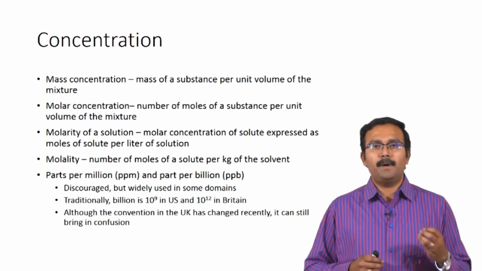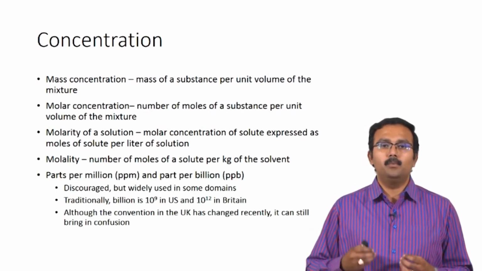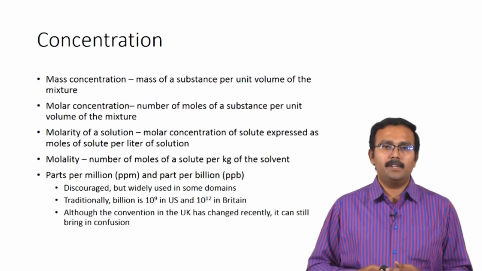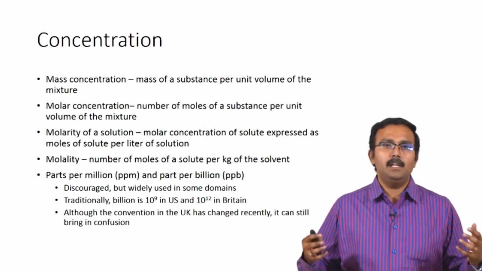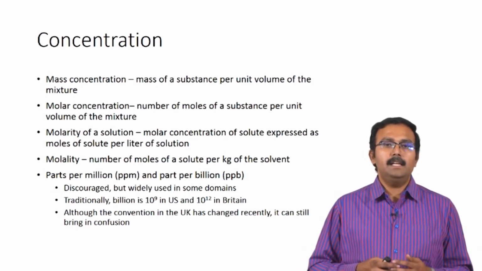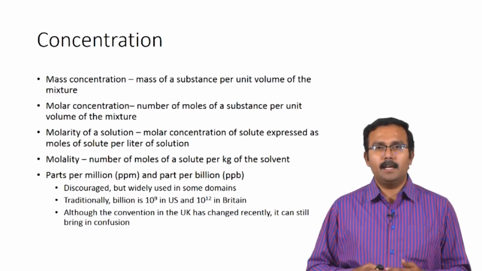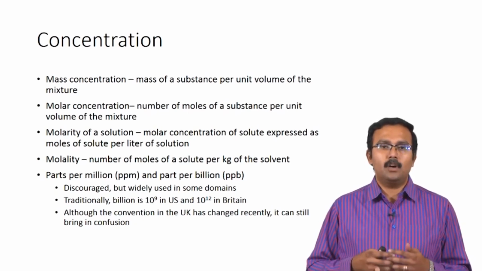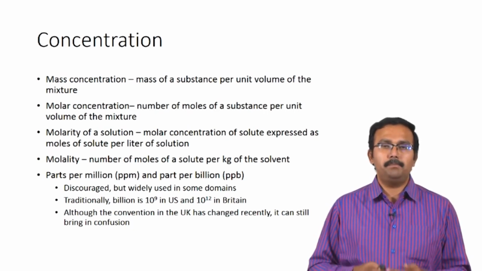You also have parts per million and parts per billion, which are also used. These are discouraged by the scientific community, but are still widely used in many domains. Traditionally, billion in the US is 10^9 and billion in the UK is 10^12. This can cause confusion, and it is better to avoid ppm and ppb terms as much as possible.